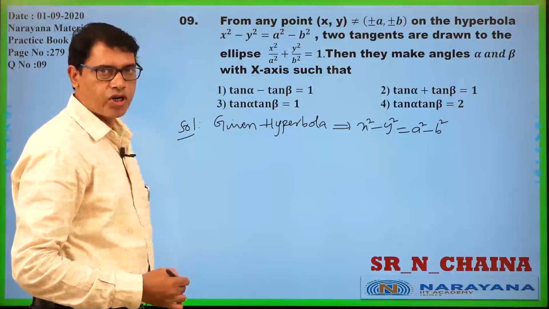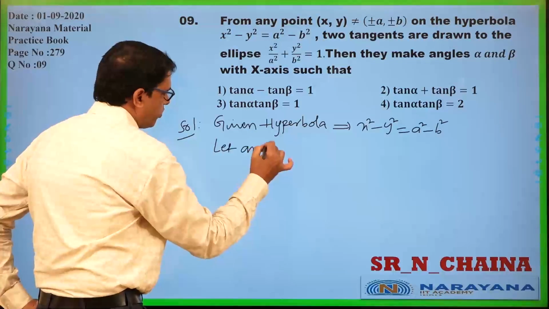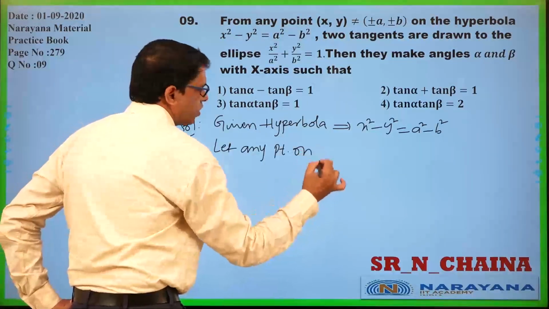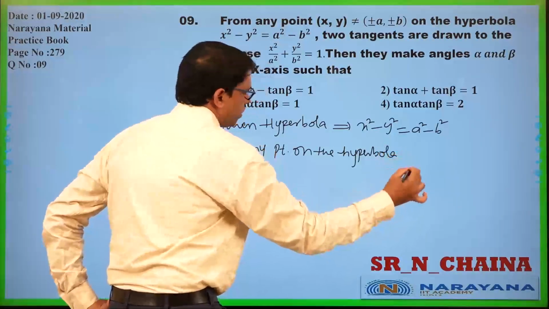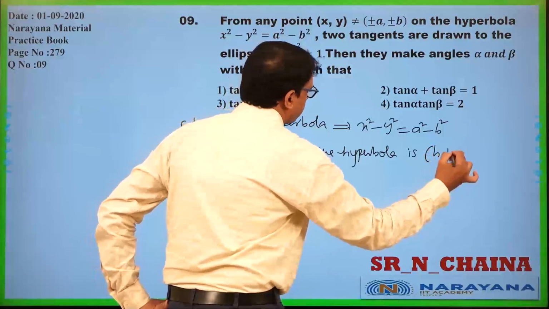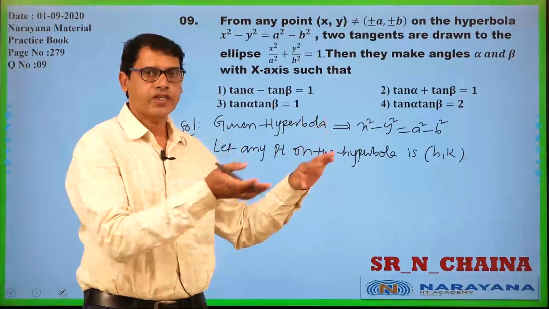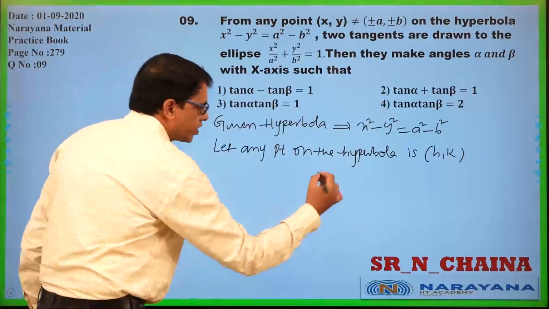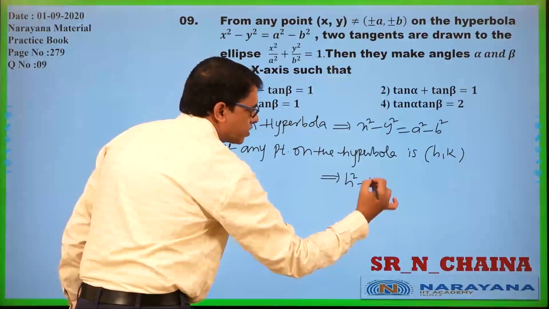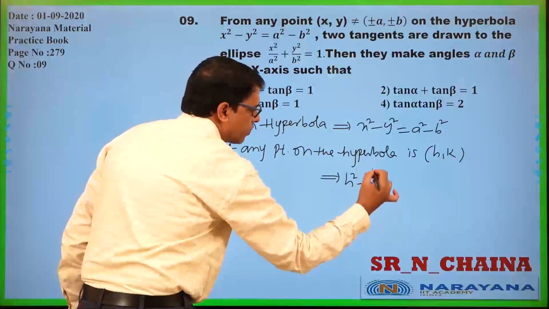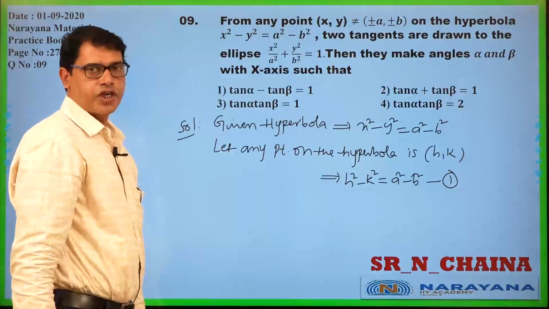Here I am choosing the point on the hyperbola as h comma k. So this point lies on the hyperbola, so it has to satisfy the equation. That implies in the place of x write h, in the place of y write k: h square minus k square equal to a square minus b square. Say equation 1.